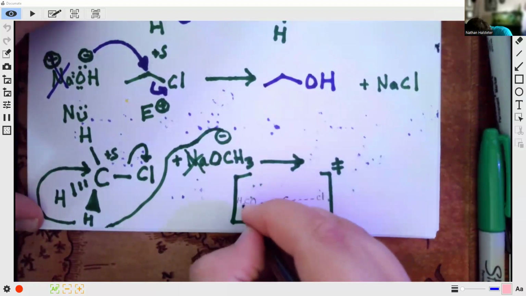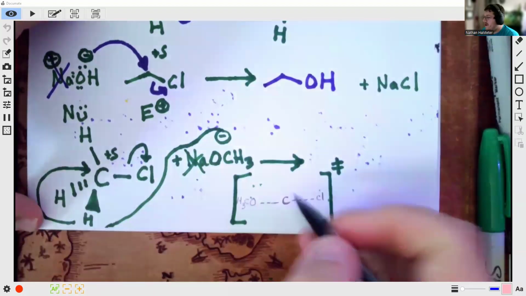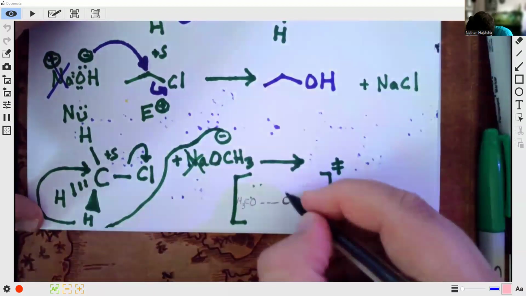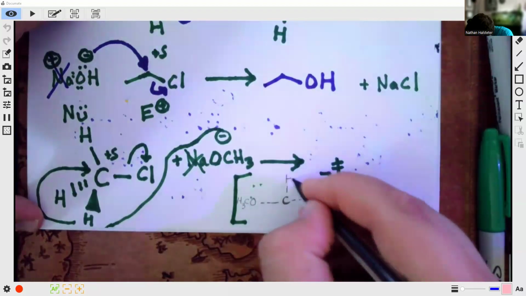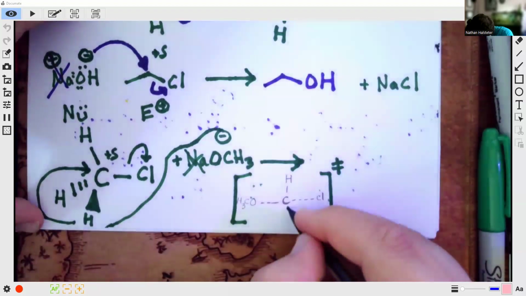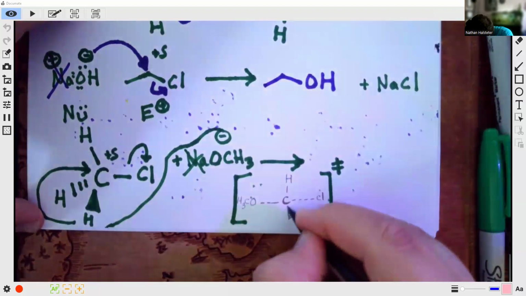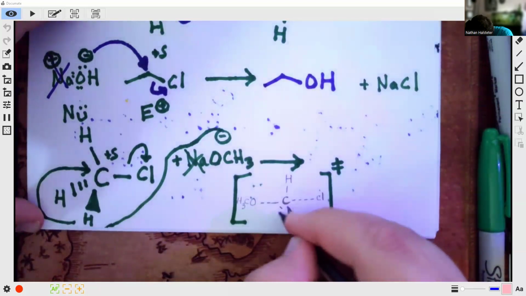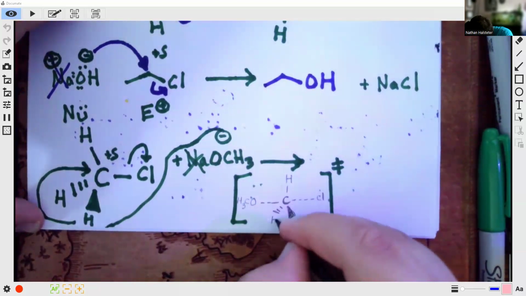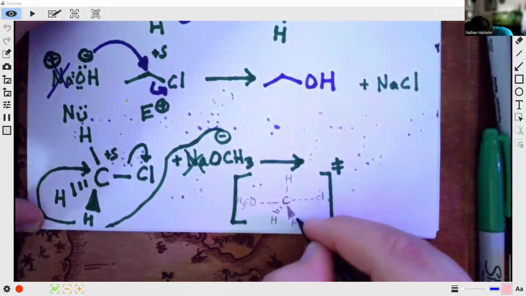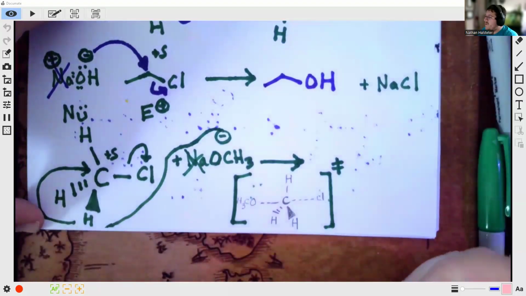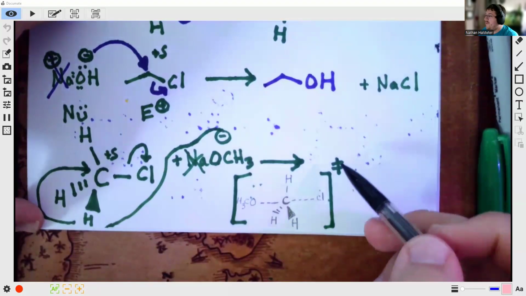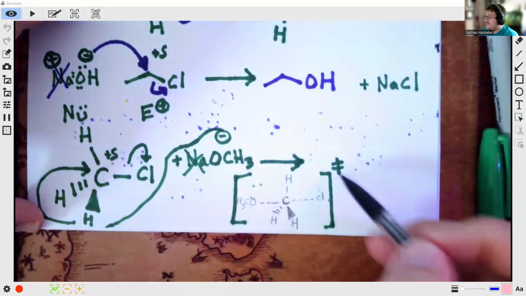And then we still have attached to this carbon our other three hydrogens. So our transition state, remember when we did our diagrams, this is our little symbol for transition state.